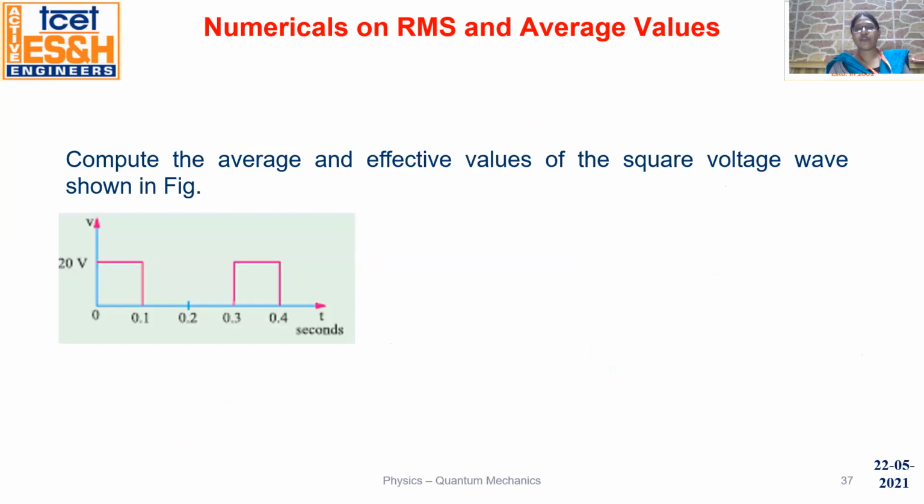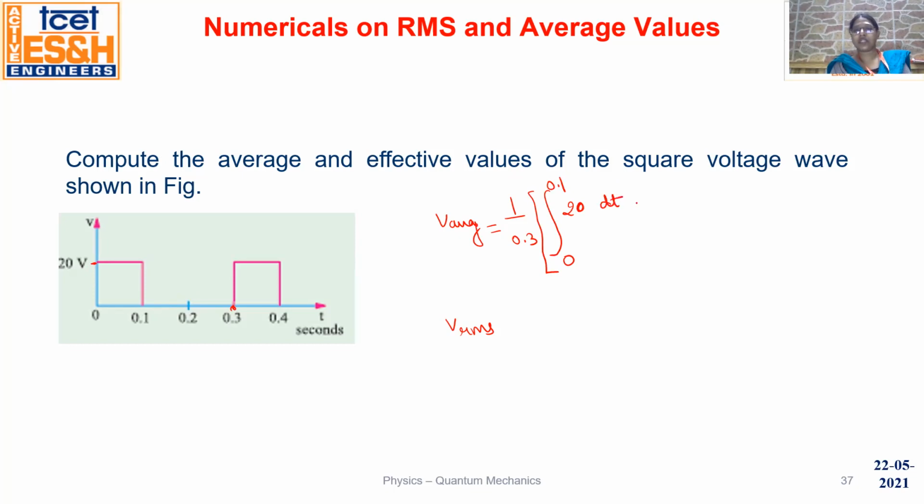Now such a type of waveform also comes up. In this type of waveform, you have to find V average and V RMS. For that, you have to take the average, so you take the limit 1 by 0.3. Take one bracket, 0 to 0.1. What is the value of your function? It is 20, because it is a pulse wave.